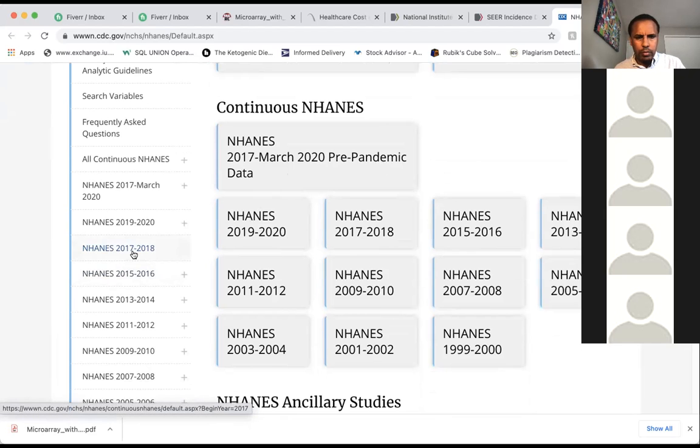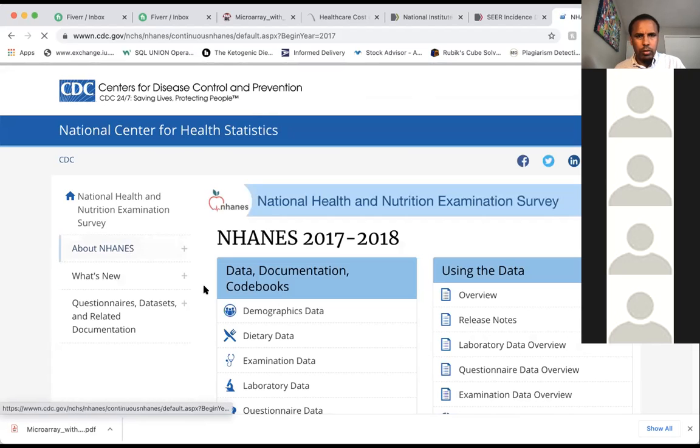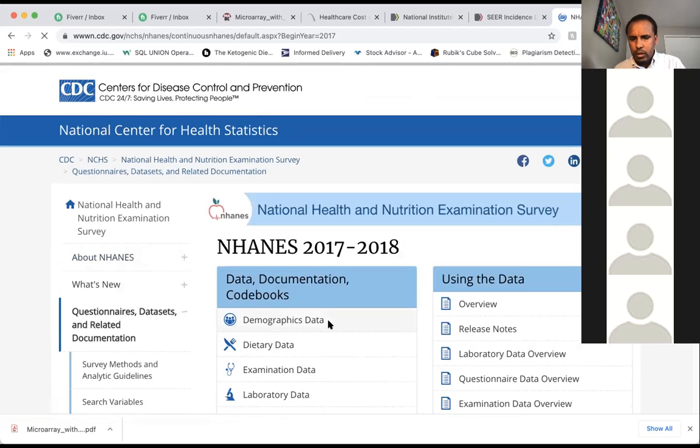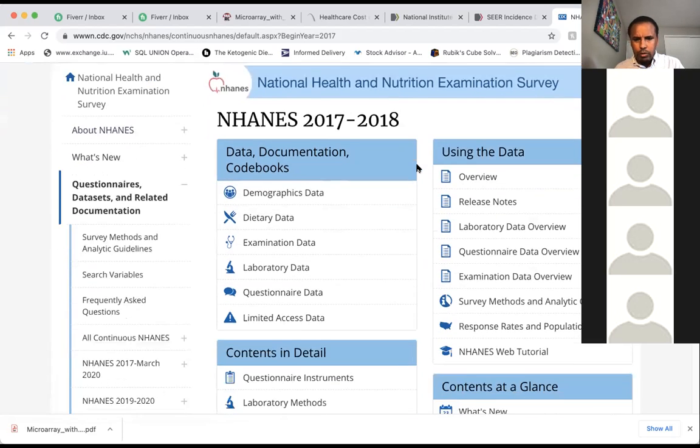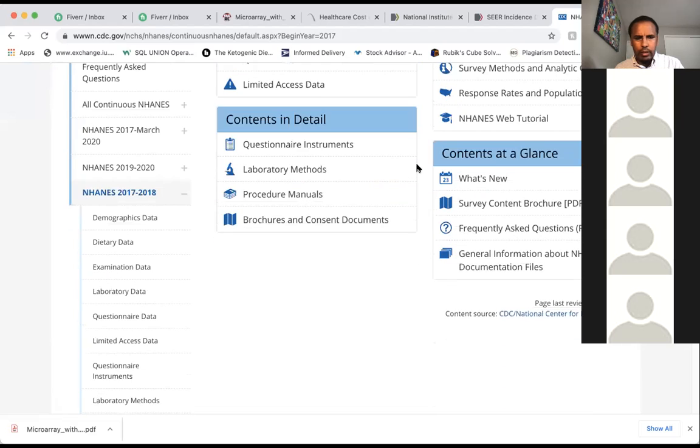For example, if we click on this, we have the data documentation and codebooks or data dictionary. And I think somewhere we can also download the data.